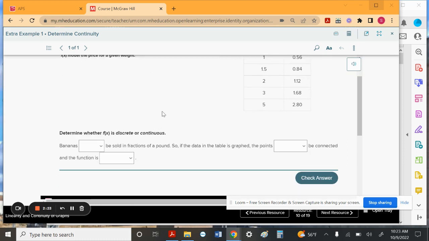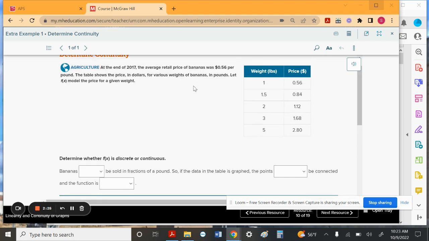So we're looking at this. Does the price go up as the weight goes up? And what I mean by the weight going up, it doesn't have to be 1 or 2 or 3 or 4. It can be 1.66, 1.92, 2.51. It can be any decimal point that's in there. And yes, it can be. So therefore, bananas can be sold in fractions of a pound.